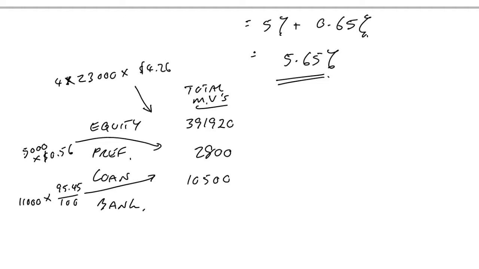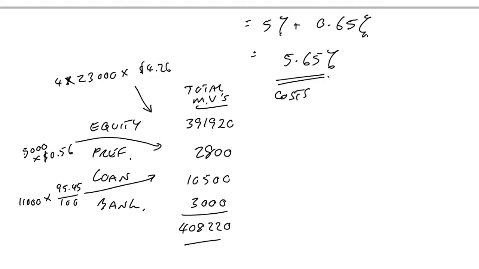And finally, the bank loan. Well, always with a bank loan, it doesn't have a market value as such. It's just the amount borrowed, 3,000. So there are the total market values, and the total market value of all of it, the total 391,920, 2,800, 10,500, 3,000. I hope I'm adding up properly. I get 408,220.